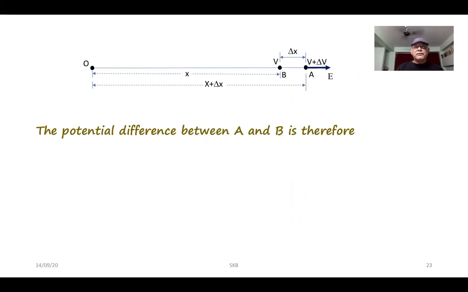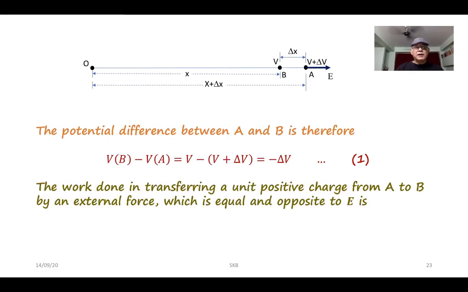The potential difference between A and B is therefore V at B minus V at A equal to V minus, within bracket, V plus delta V, finally equal to minus delta V. It is equation 1. The work done in transferring a unit positive charge from A to B by an external force, which is equal and opposite to E, is force into distance equal to E into delta x.